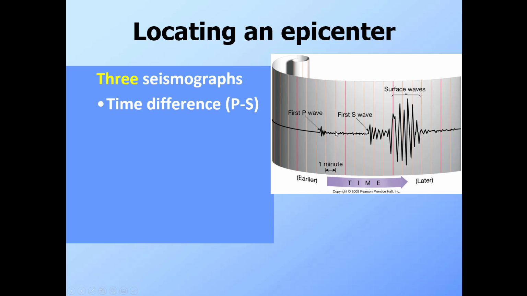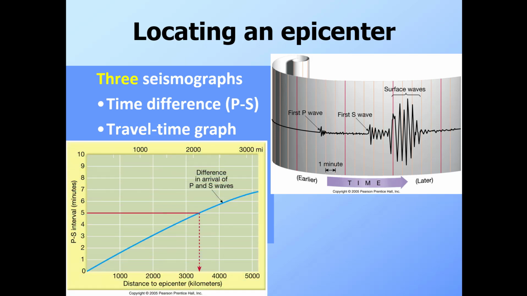This is 1.5 minutes, 2.5 minutes, 3.5 minutes, 4.5 minutes, and then 5 minutes. So it's been 5 minutes since the time that the first P wave arrives to when the first S wave arrives. Scientists will take this 5-minute time difference and look at what's called a time travel graph. This allows geologists and seismologists to estimate how far away from them the earthquake actually occurred.